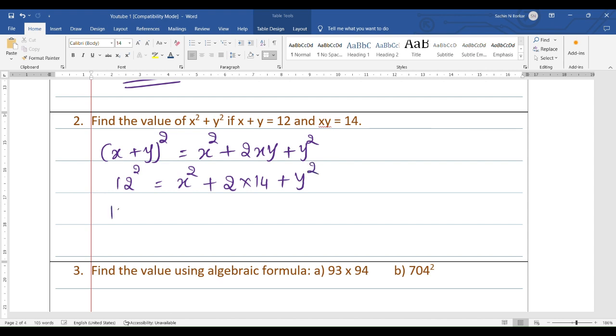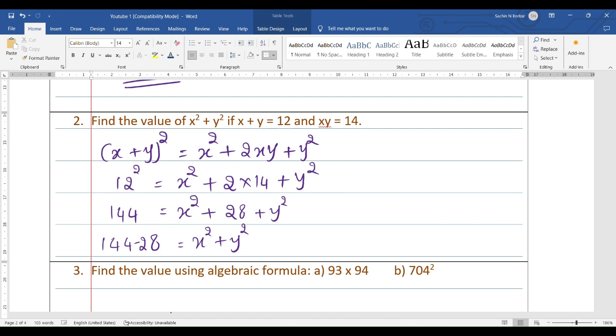So 12 square is 144, equal to x square plus 28 plus y square. To solve the value of x square plus y square, I can subtract 28 on both sides.